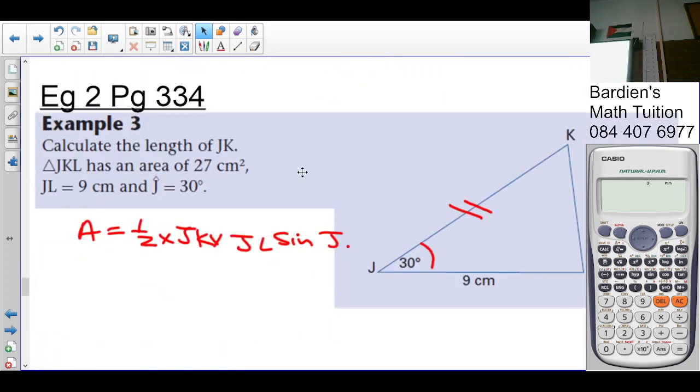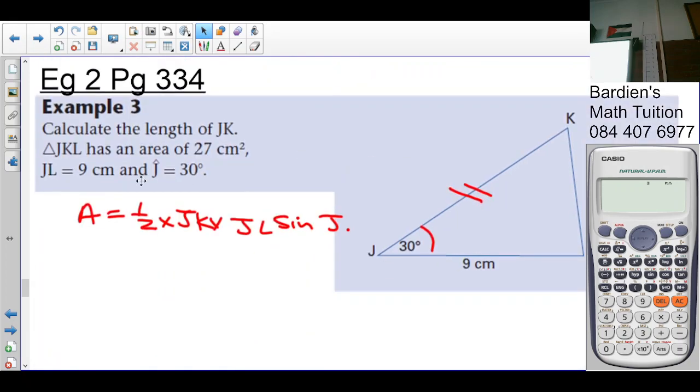So let's go here. What is the area equal to? 27. What is JK? That's what you're going to calculate. What is JL? 9. And what is angle J? 30. So do the substitution and then you solve for JK.